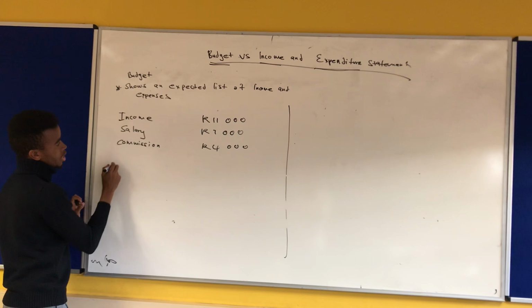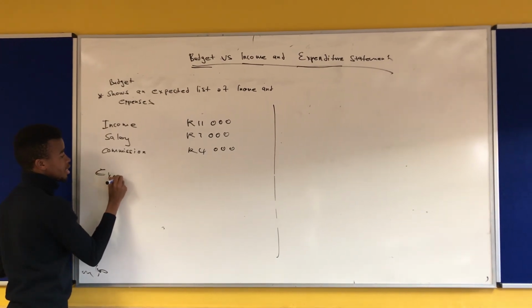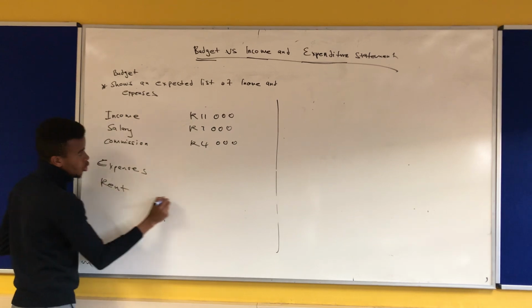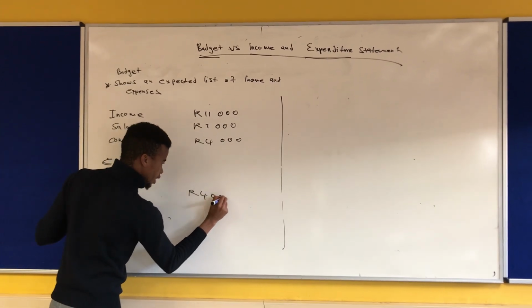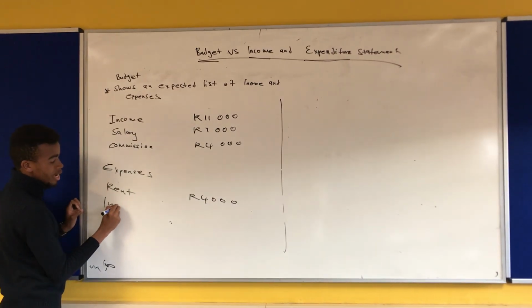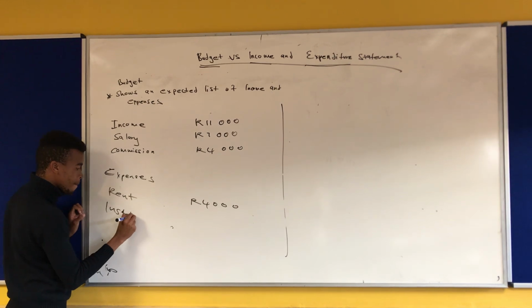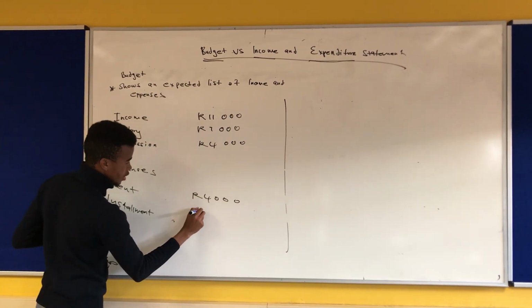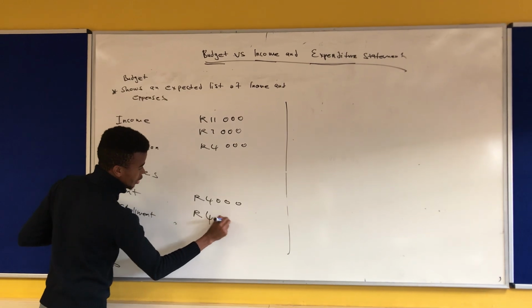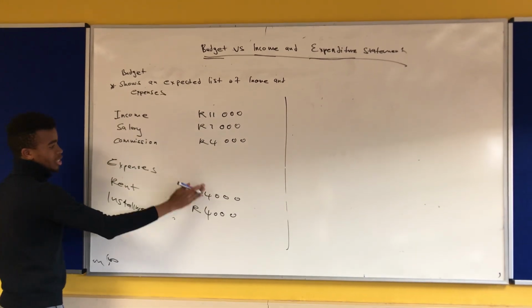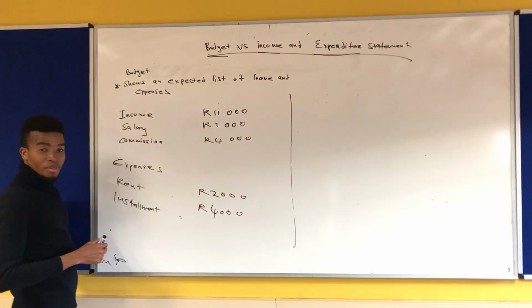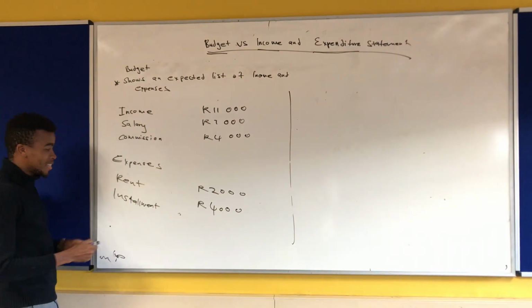Then on my expenses, I will pay rent. Let's just say we can limit rent here and say 2,000, because 4,000 is too much. I will not stay in such a place. And I will pay a car installment of 4,000.